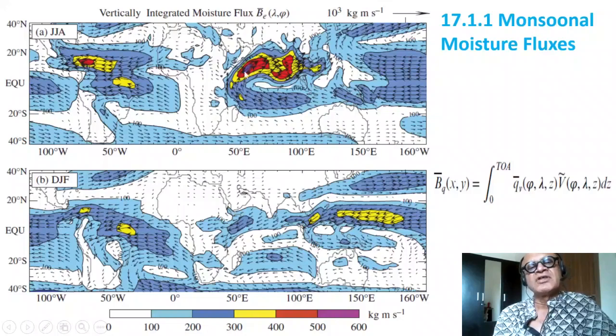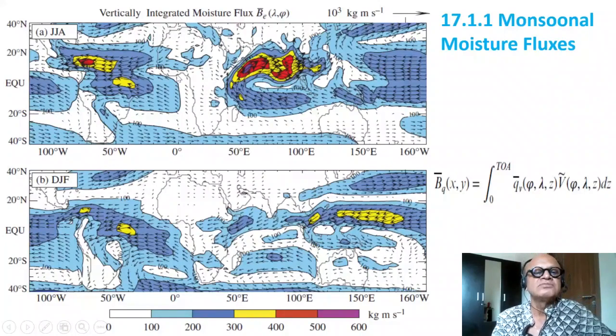But the integrated vertical moisture transport calculated this way that we saw in chapter 1 using humidity distributions and winds produce strong flux over here with some around the Indian Peninsula into the Bay of Bengal. So these things vary on intra-seasonal timescales as well.